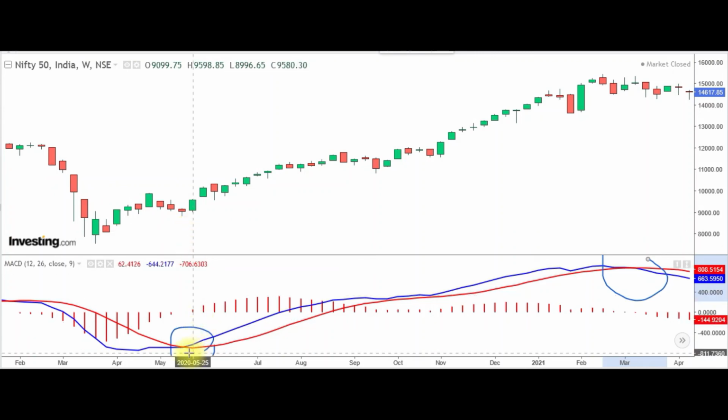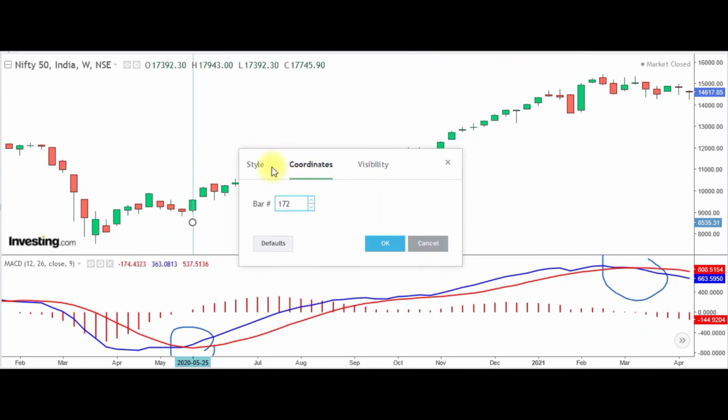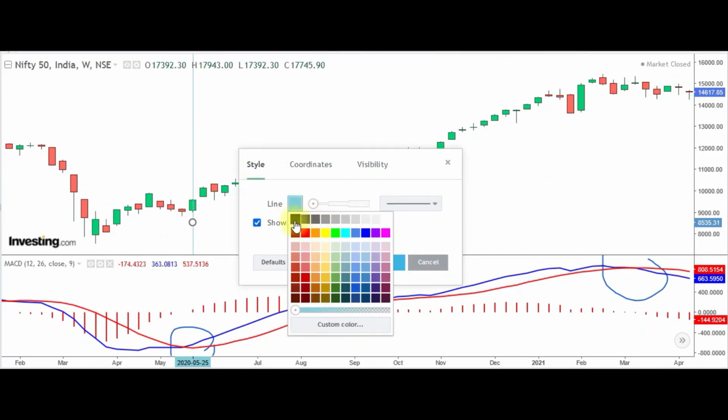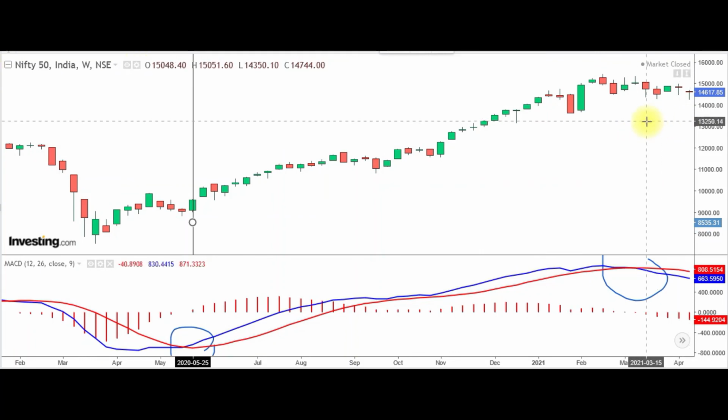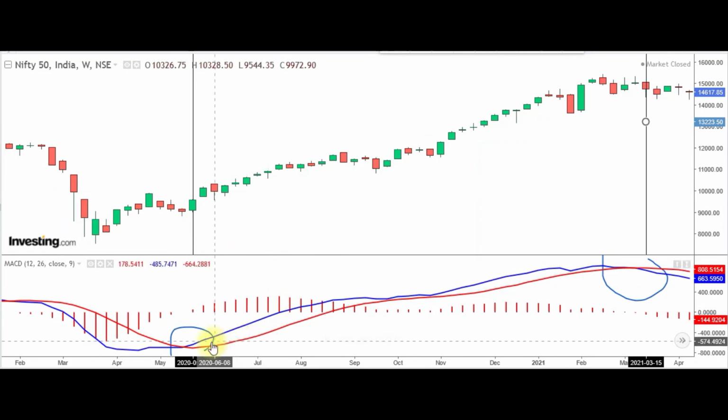As per MACD rules, this was the candle after which we would go long, and after this crossover, this was the candle where we would exit our positions. The dates are 25th of May 2020 and 15th of March 2021. In the weekly chart we can see it is a bullish trend.